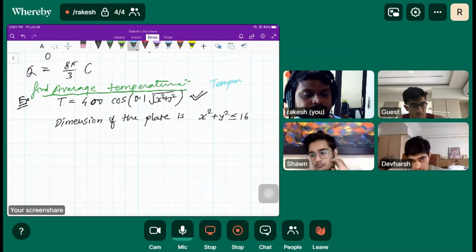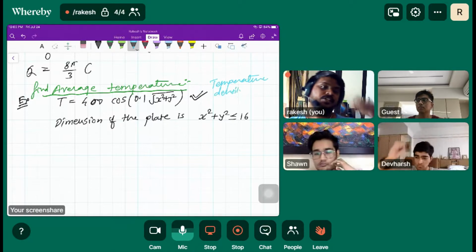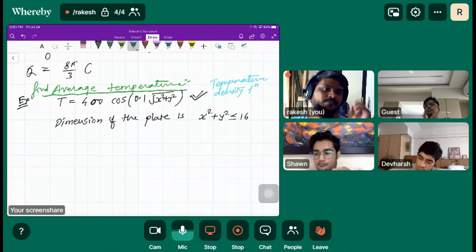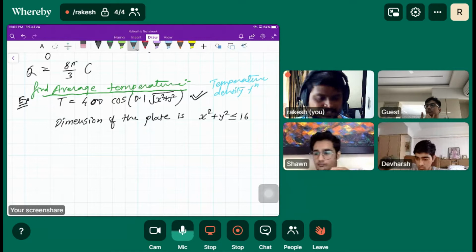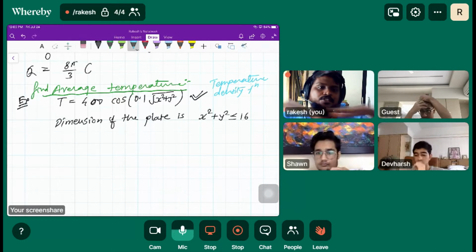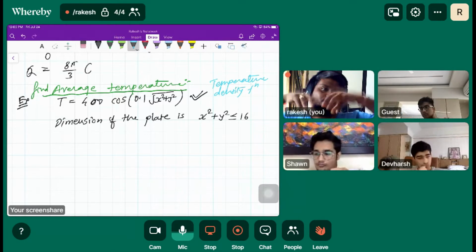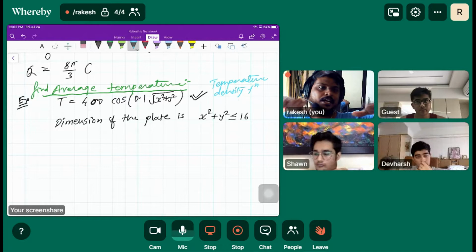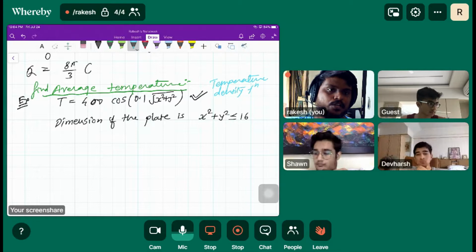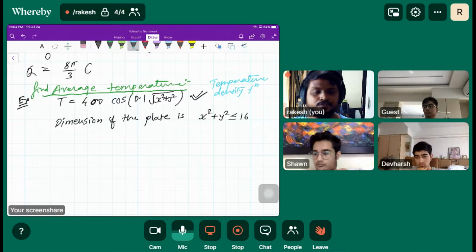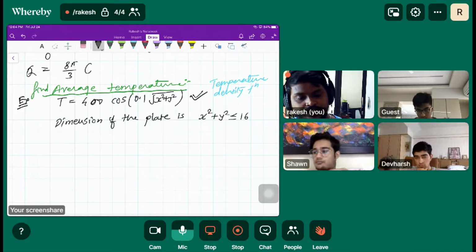By using double integration, we can find the total temperature on the plate, the sum of all temperatures. If you divide that total temperature by the area of the plate, that will give you the average temperature. So total temperature upon total area gives the average temperature.